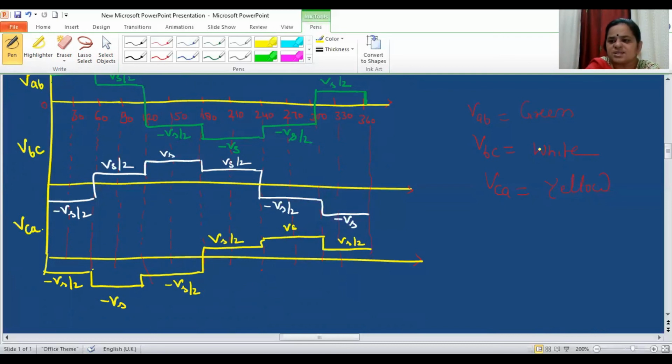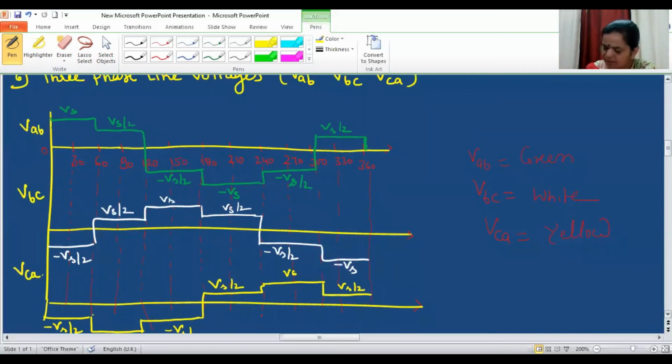Now if you observe these three line voltages, the value of VAB at 0 is Vs. And if you see the waveform for VBC, this plus Vs is starting at 120, and for the same VCA, the value is starting at 240. So the waveform of VBC and VCA is delayed by an angle of 120 degrees. VBC is lagging from VAB by 120, and VCA is lagging VBC by 120.